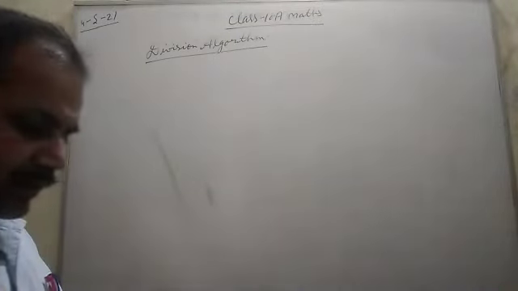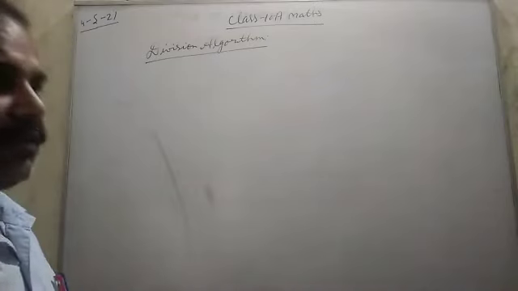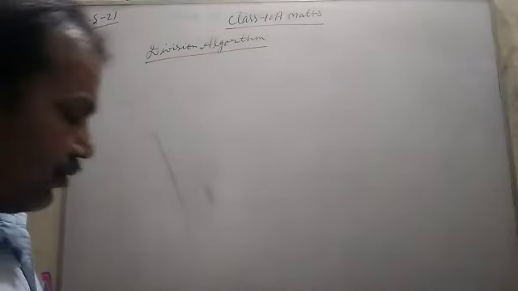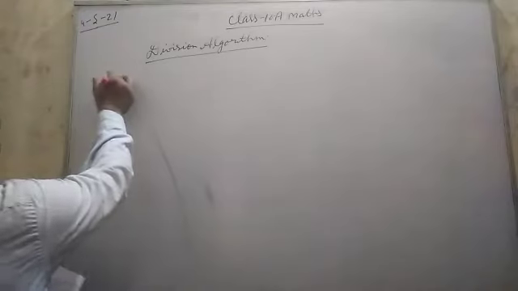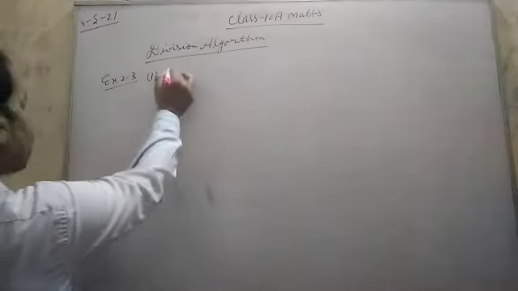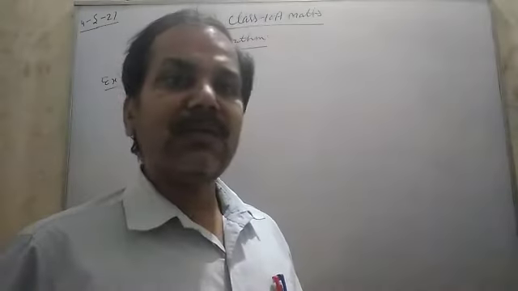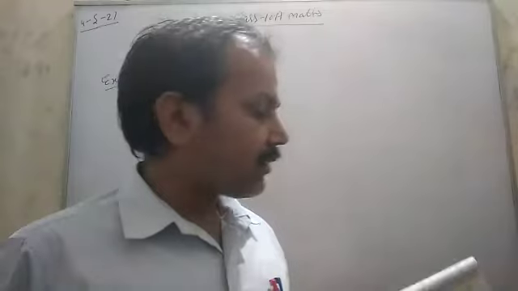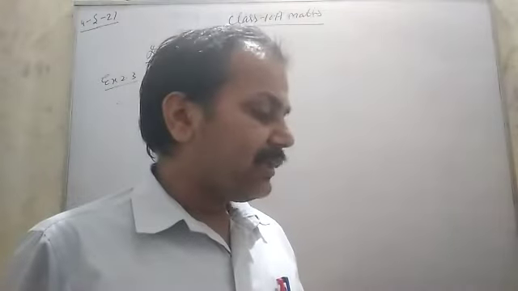So now we can start exercise 2.3. In that question, first part: divide the polynomial p(x) by polynomial g(x) and find the quotient and remainder in each of the following.